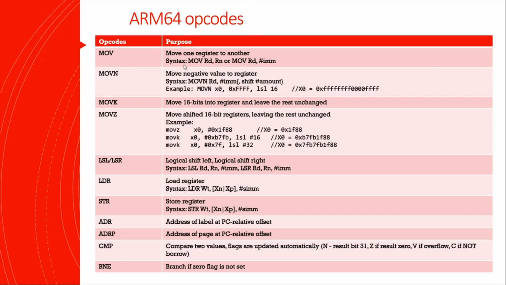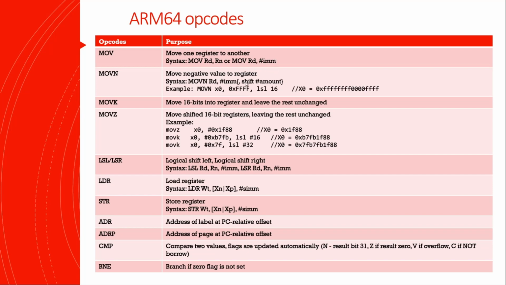The instruction looks something like this, where RD is the destination register and RN is the source register. So if we have an instruction which says move x0, x1, this basically means that the value of the x1 register will be copied to the x0 register. Similarly, we can use immediate values instead of the register.